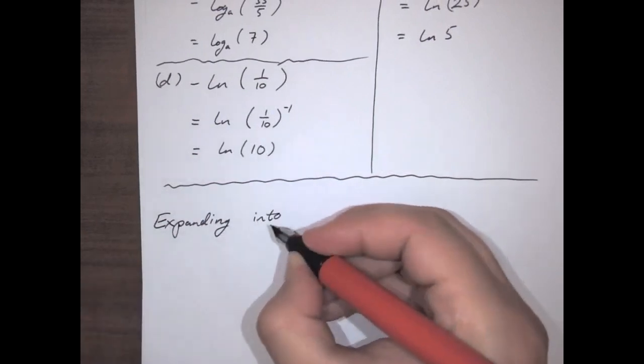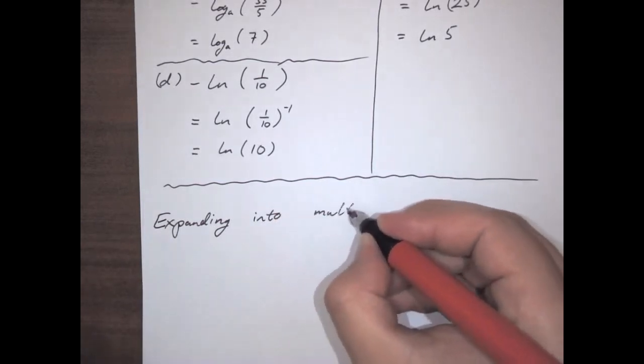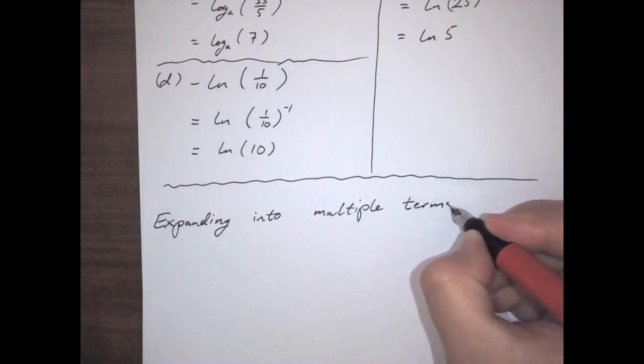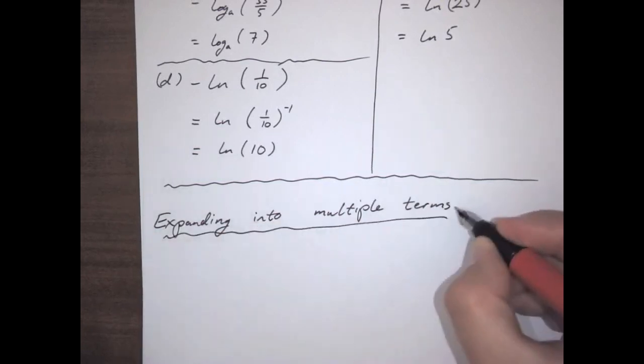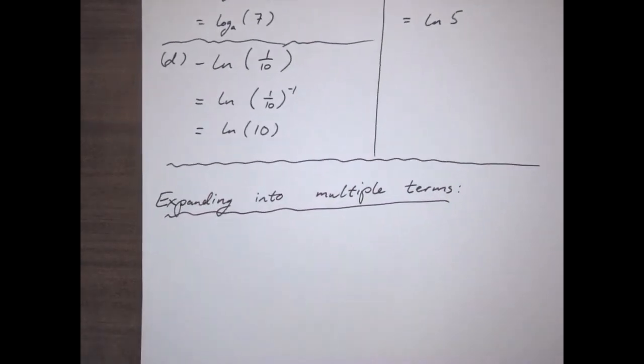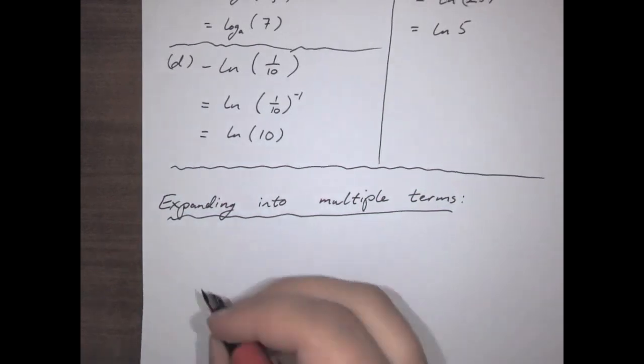Expanding into multiple terms. Now when it comes to this, we have to be very cautious about the order that we do this in. We have to be very careful about first organizing it as a logarithm of a division, or of a product, or of a power, or of a root.